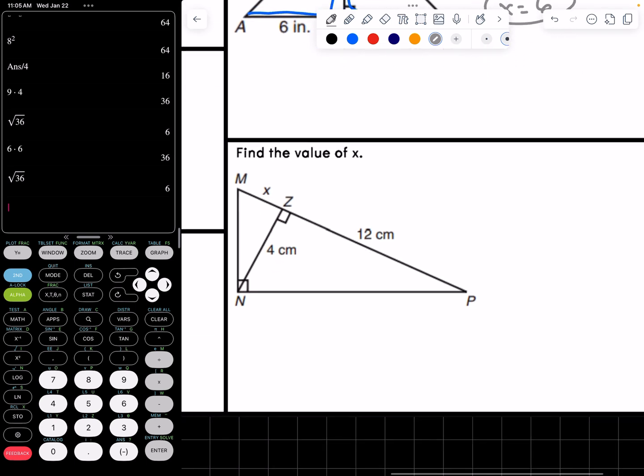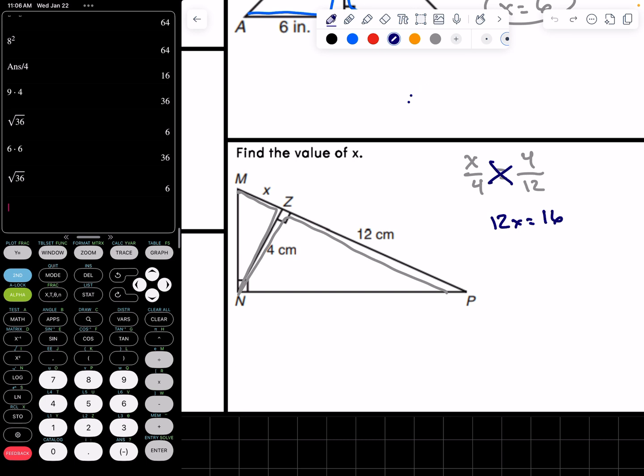And then down here, across, down, up, across: x over 4 equals 4 over 12. We're going to cross multiply. 12x equals 4 times 4, which is 16.